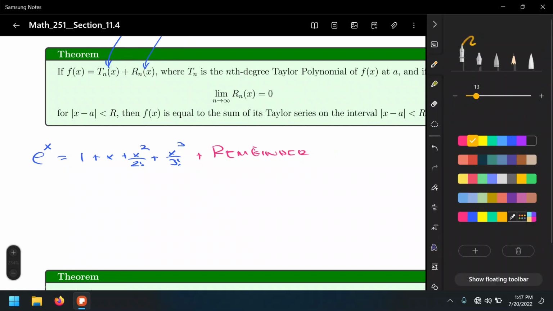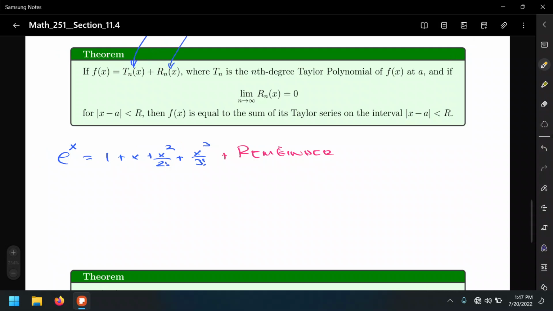Putting some symbols here, this is T sub 3 of x. Let's just call it Taylor in general, even though it's centered at 0 and should technically be Maclaurin, for the sake of simplicity. If this is T3, then we will have a remainder, the remainder of using only the third degree polynomial expansion.